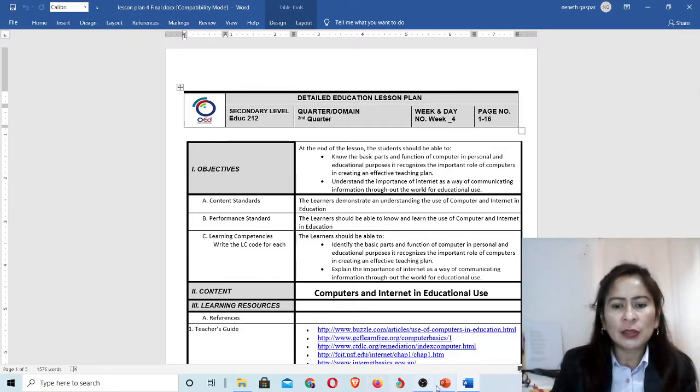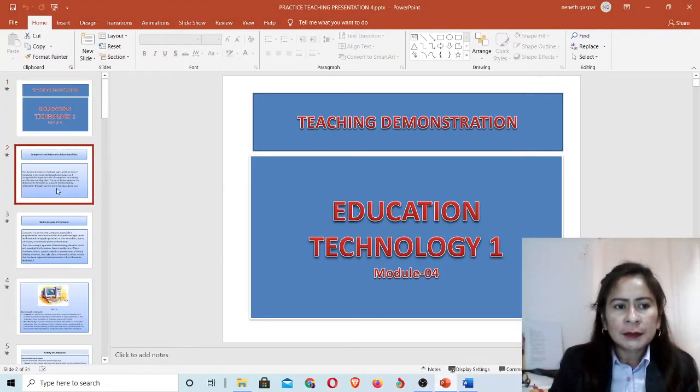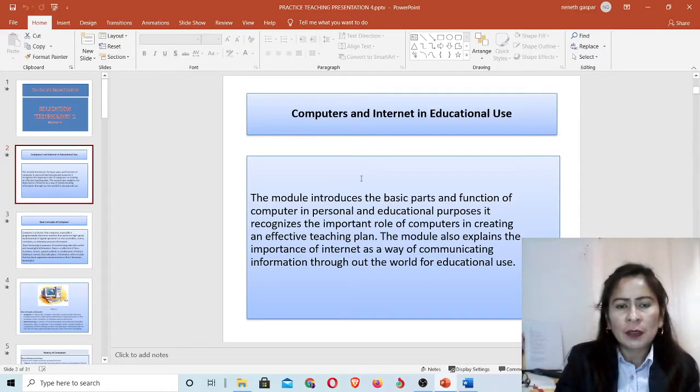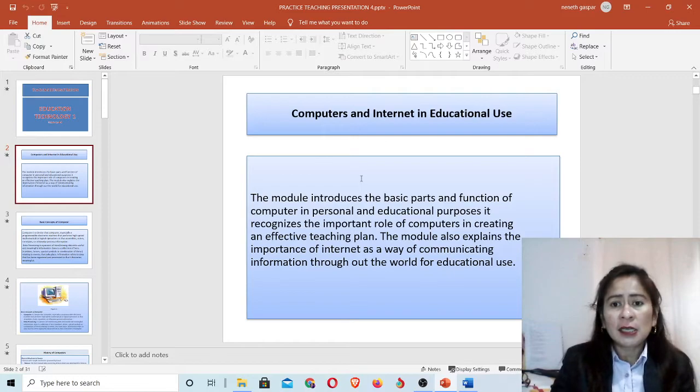Now we are going to tackle the computer and internet in educational use. What are the computer and internet in educational use? The module introduces the basic parts and functions of a computer in the educational process.